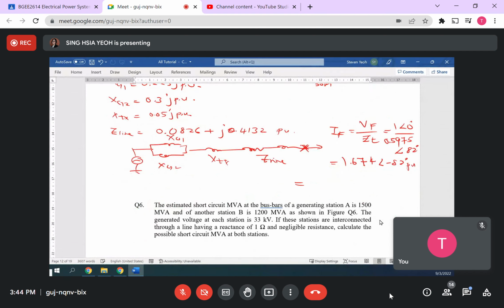Then if you want to get IF in PU, you want to get IF in actual, then you need to find I base.